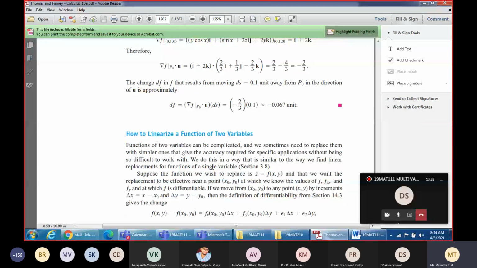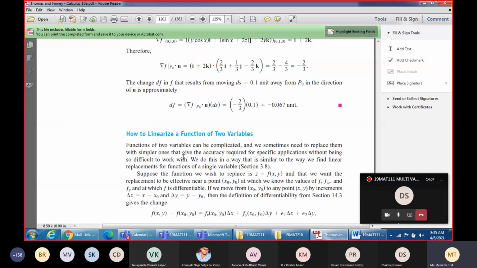We go for this linearization procedure because sometimes it is very difficult to deal with functions of 2 variables and 3 variables. So we try to transform them to a series representation, or by using some derivatives we simplify the function and give an approximate function for the given function, and then with the approximation function we deal with calculations.